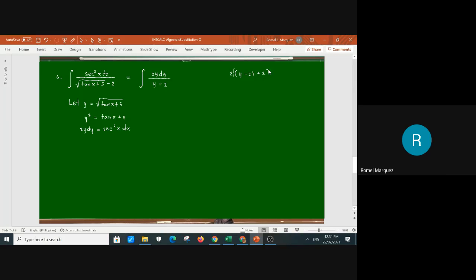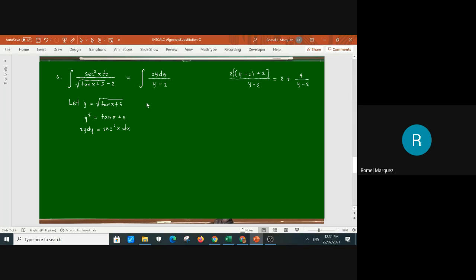Am I correct, guys? y minus 2 plus 2 is y, times 2 is 2y. Then divide by y minus 2. So this gives us 2 times 1, so 2, plus 2 over y minus 2. So times 2 giving 4, no? Am I correct, guys? Yes. 4 over y minus 2.